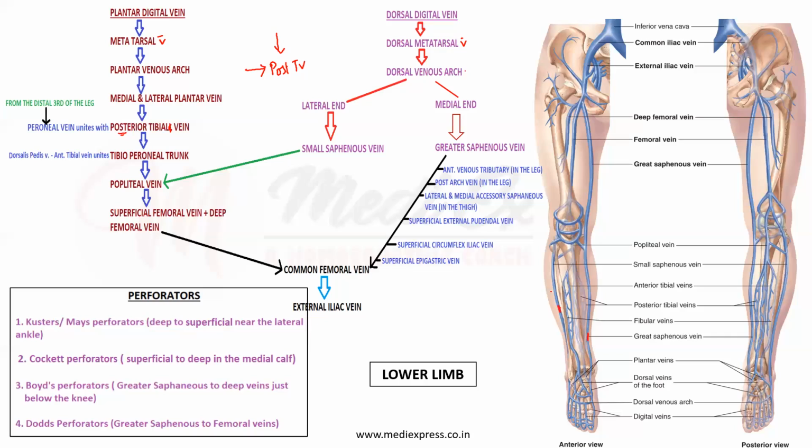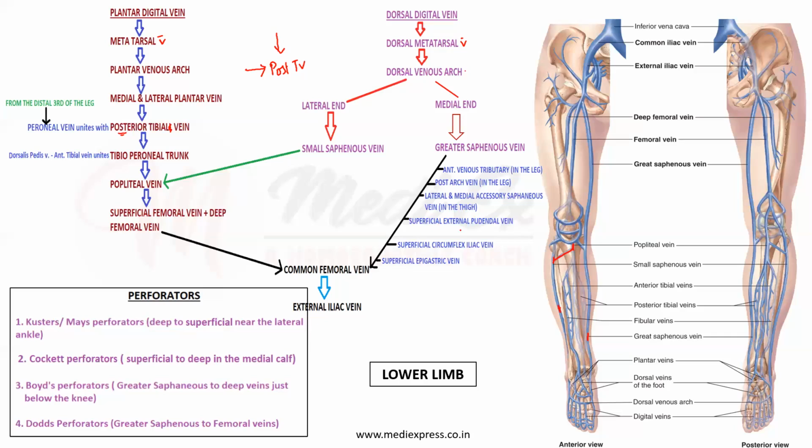Now this small saphenous vein, you can see when it comes here, it interconnects with the popliteal vein over here. Now when the great saphenous vein drains upwards, it gives many branches. It gives branches to the anterior venous tributary in the leg, the posterior arch in the leg, and the lateral and medial accessory saphenous veins in the thigh.